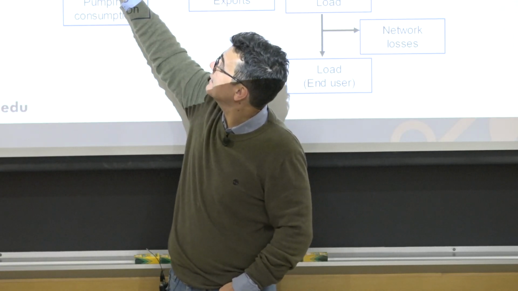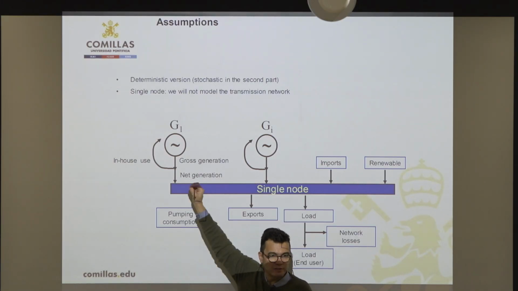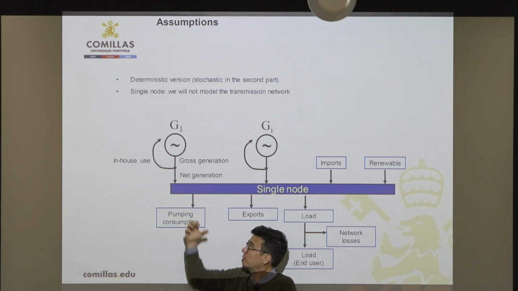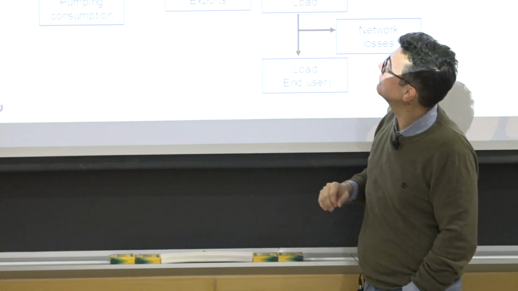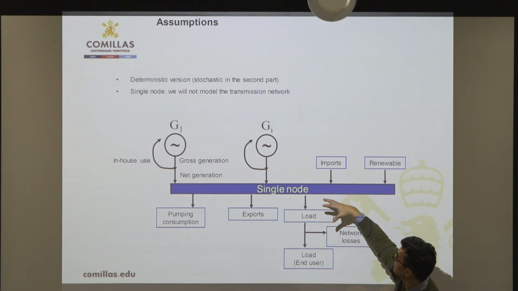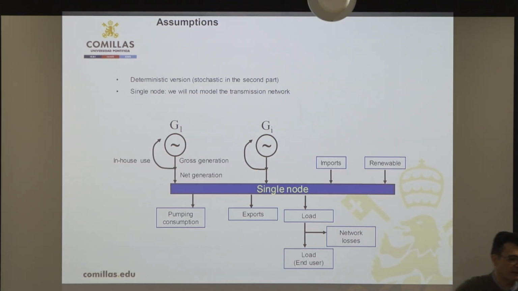So at the end, the net generation is only a fraction, maybe 96, 97% of the actual generation, okay? But when you are optimizing the total cost, this is why we need to take that into account, okay? So we have all the generators putting power here, and then we have imports and renewables, okay? This is what we have.